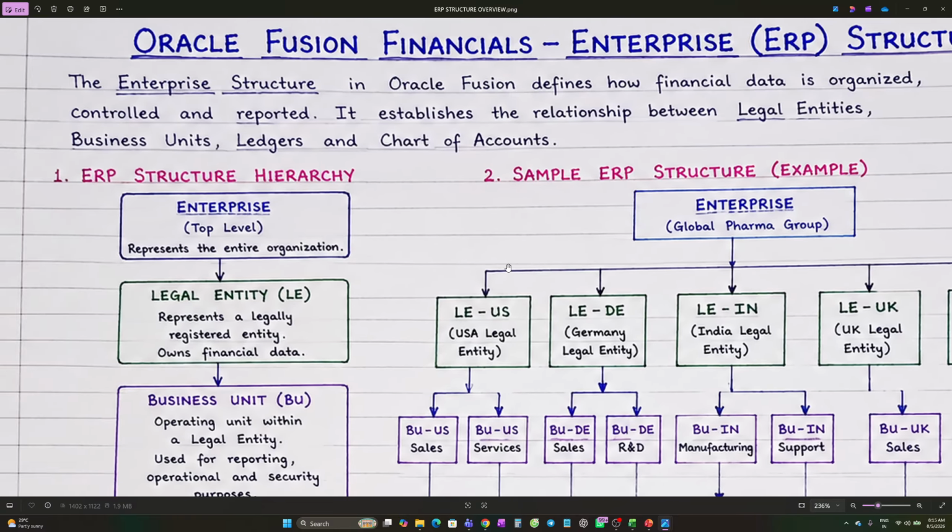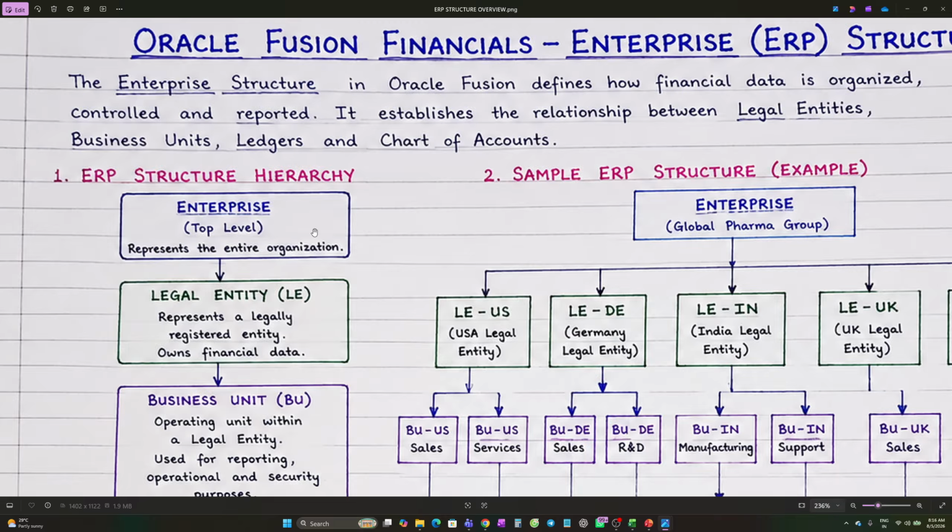What is enterprise structure? The enterprise structure is how the financial data is organized, controlled, and reported. It establishes the relationship between the legal entities, business units, ledgers, and chart of accounts. What enterprise structure says is how we want to display the financial data to other companies, internal shareholders, and how we report to the governmental authorities.